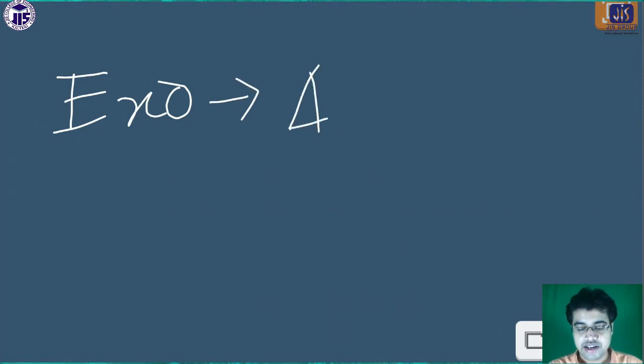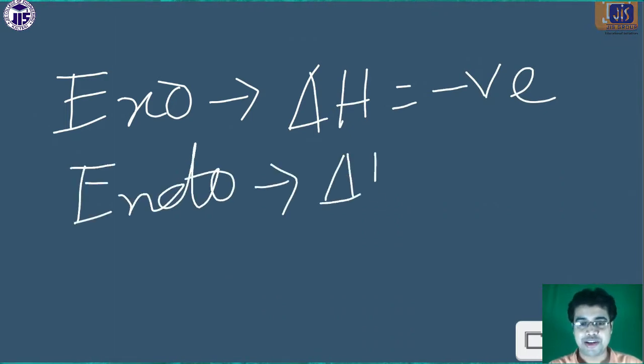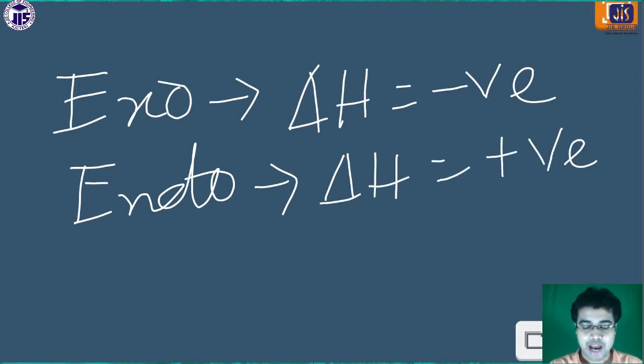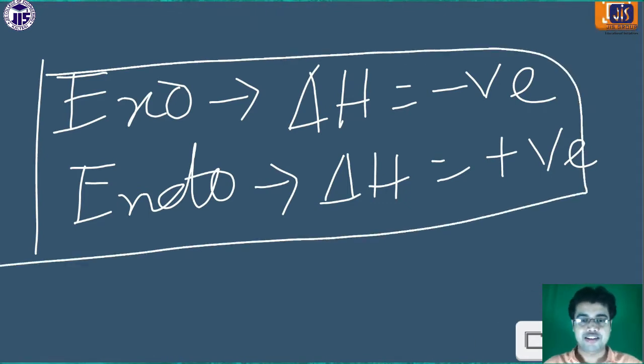The conclusion is that for an exothermic reaction, delta H will be a negative value, and for an endothermic reaction delta H will be a positive value. You have to keep in mind these two facts, because this is very important to understand whether the reaction is exothermic or endothermic.